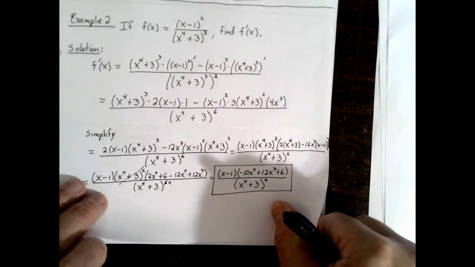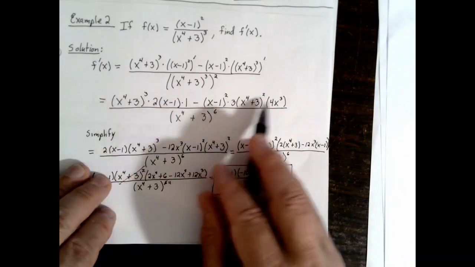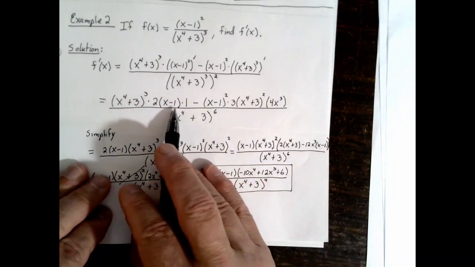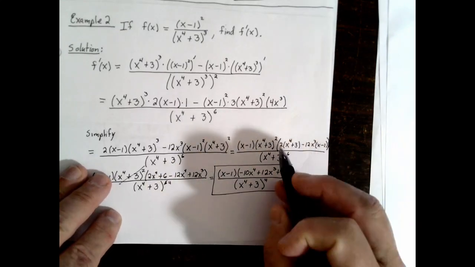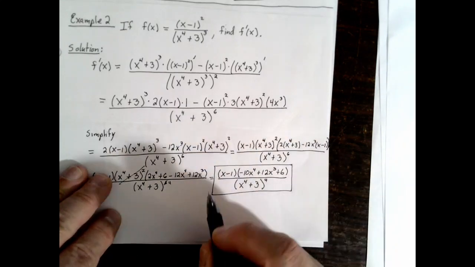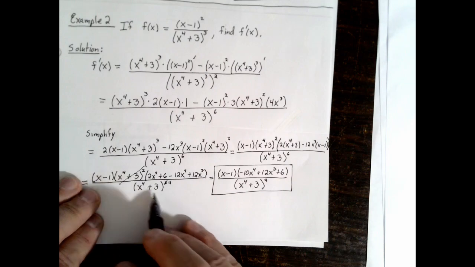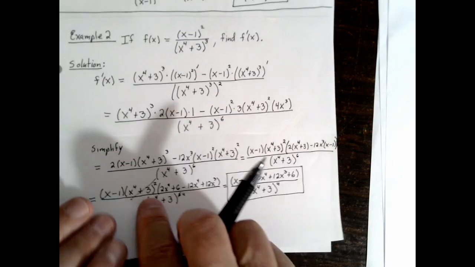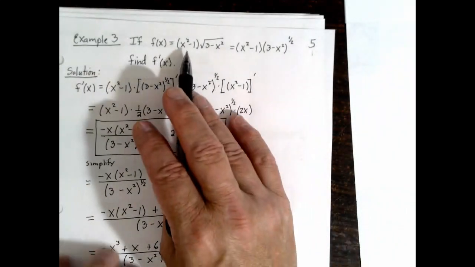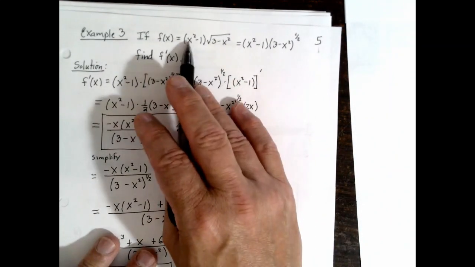So when you simplify, you want to look at the top 2 larger terms and pull out what you can out of both. And then what's left, you put in a big parentheses and combine and simplify as best you can. A lot of times something on top and bottom will cancel, and then you get what you get at the very end there.